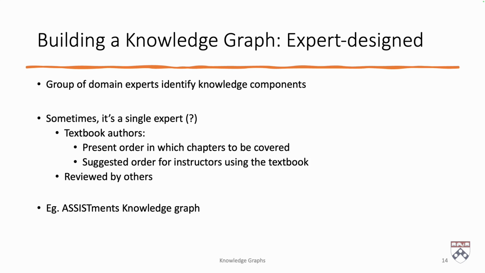But usually the authors are likely to give you in the preface or somewhere like that, the order in which they think you should learn or teach students this material. That is itself an expert-made knowledge graph, right? Suggestions as to how to study the material, and sometimes they even include different paths for different people that are reading the material. These can be reviewed by others. It's an expert-designed knowledge graph, right?